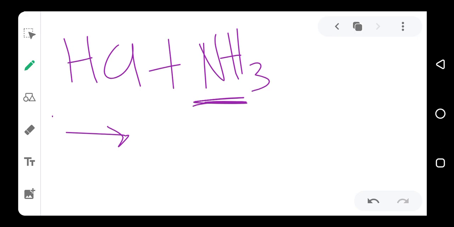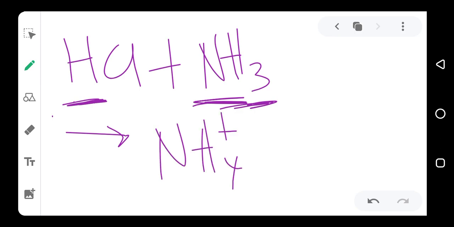Now looking at this reaction, HCl donates this hydrogen to this ammonia to give NH4 plus chloride ion.